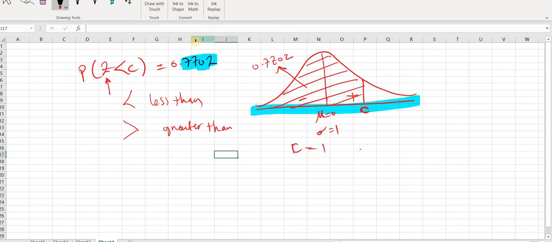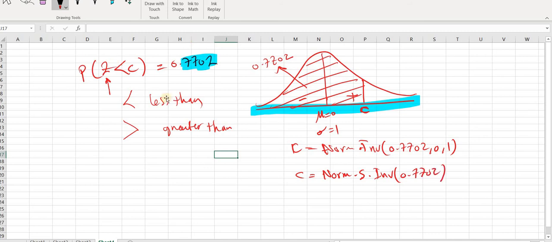So C is equal to the norm inverse function of 0.7702, comma, the mean, comma, the standard deviation. This is if you're using the regular one. If you're using the specific formula for the standard normal distribution, you're going to use the one with an S in the middle with 0.7702, and you don't need to add anything else. So either one is going to work. Let me prove it for you.